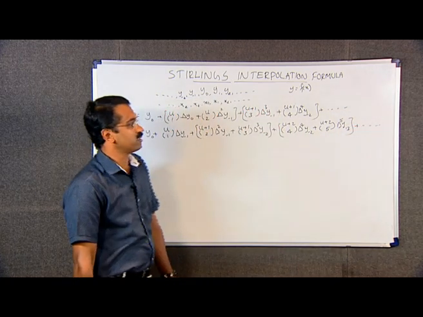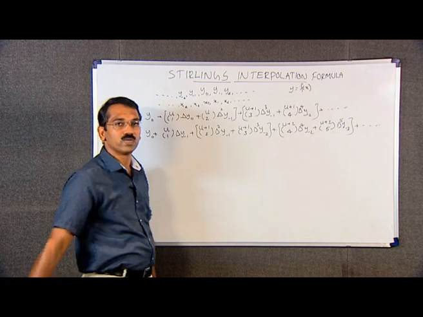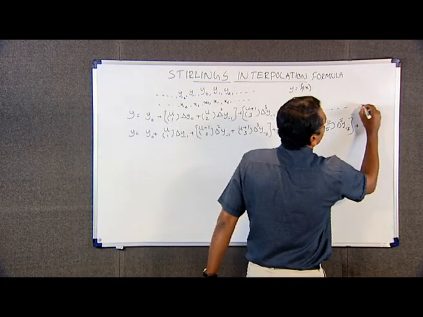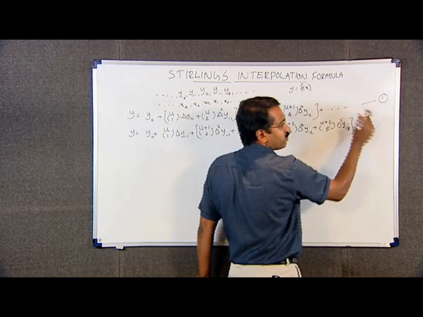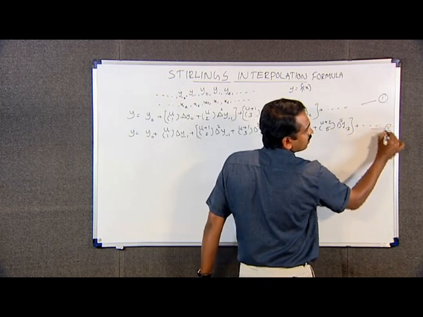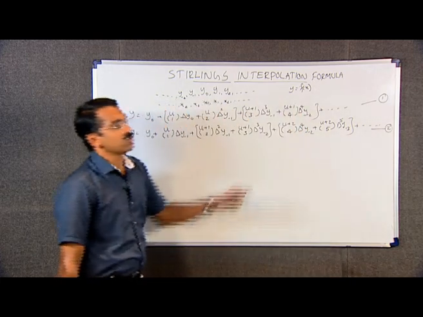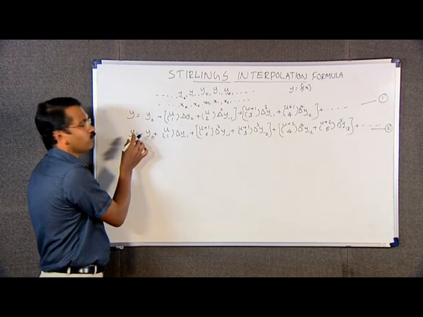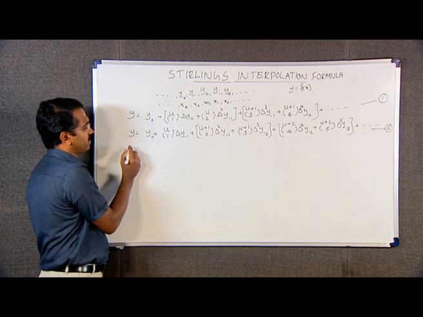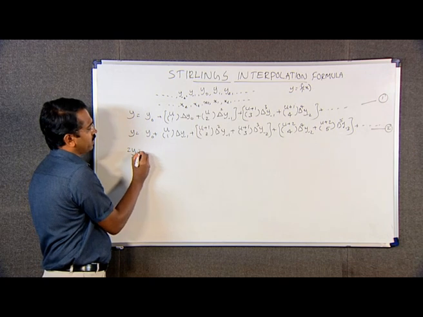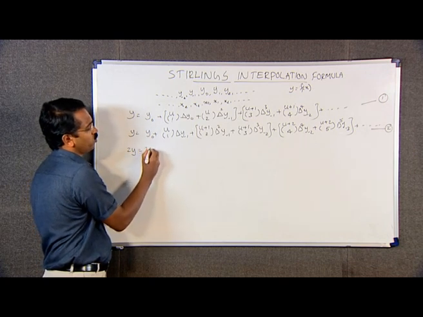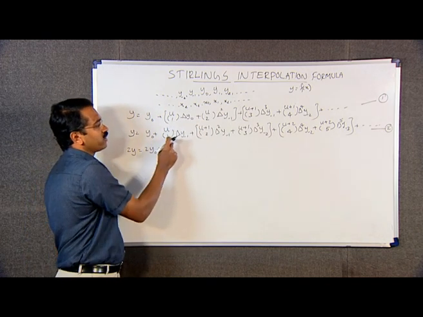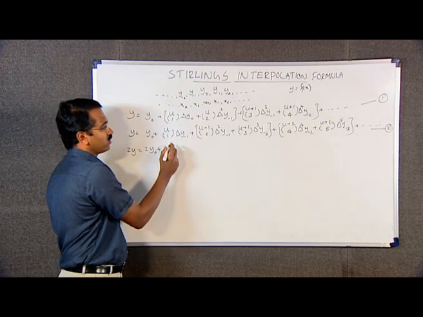In the previous classes, we derived these 2 formulae. Now, we add these 2 formulae. This is the first formula and this is equation number 2. Adding these 2 expressions, we will get y plus y in the left hand side, that is 2y is equal to, here y0 plus y0 is 2y0 plus uc1 delta y0 plus uc1 delta y minus 1.